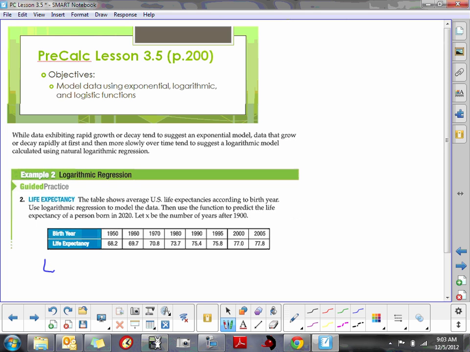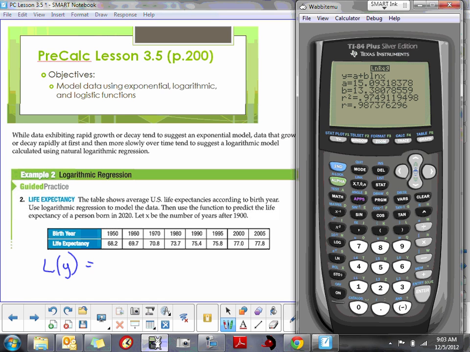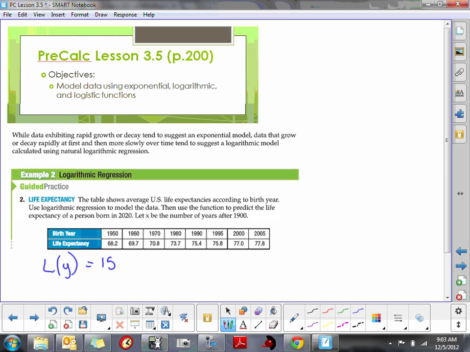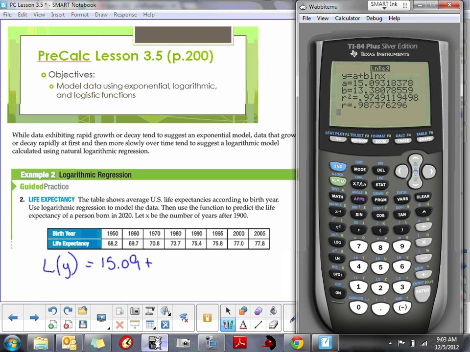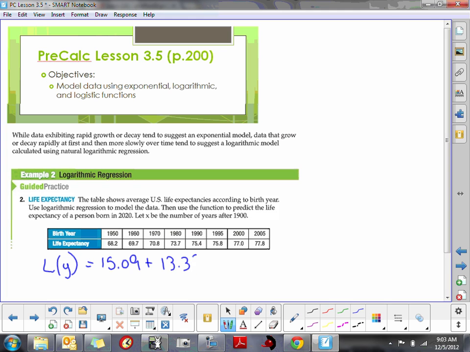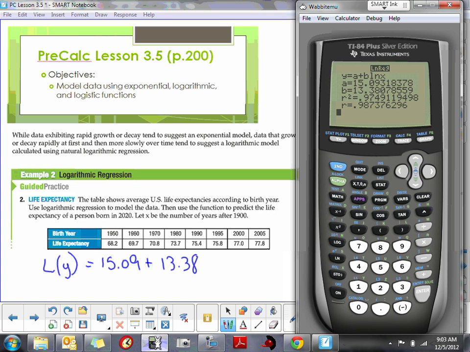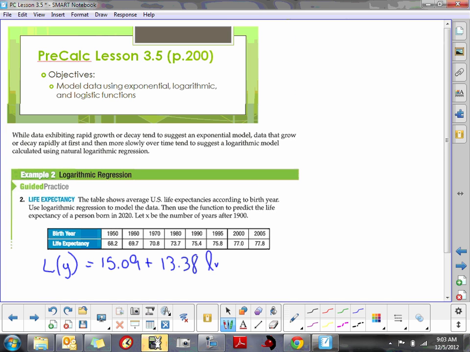The life expectancy based on the year that you have is equal to 15.09 plus, and then our value of B is 13.38, and the rest of our equation is natural log of X. Since I've got Y in there for years, natural log of Y would be more appropriate.